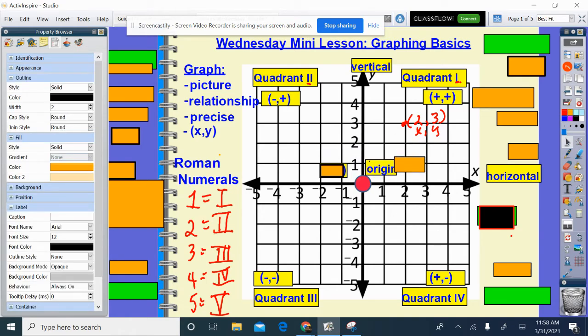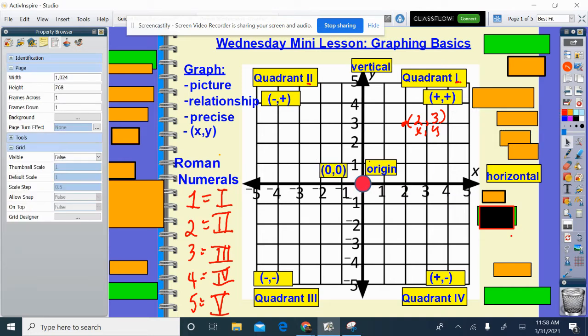That's got a special name too. It's called the origin, O-R-I-G-I-N, the origin. And the coordinates, or ordered pair, for the origin would be 0, 0, because that's where x is 0, and that's where y is 0. And that's really where the graph begins, that intersection point, or the origin.